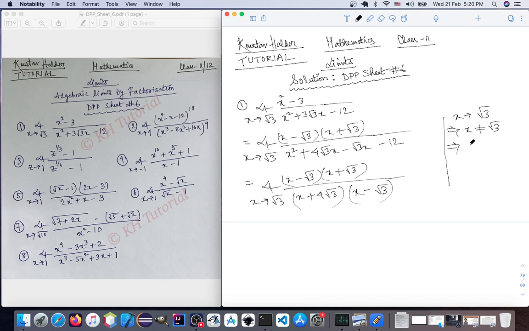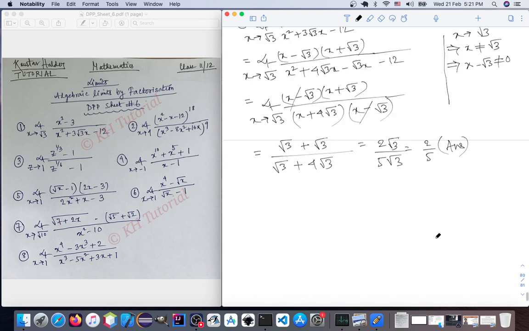This implies x minus root 3 not equals to 0. So we can cancel out the factor x minus root 3 from both numerator and denominator, and then we substitute the value of x as root 3 in the leftover term, and we get the limiting value, so the answer becomes 2 by 5.